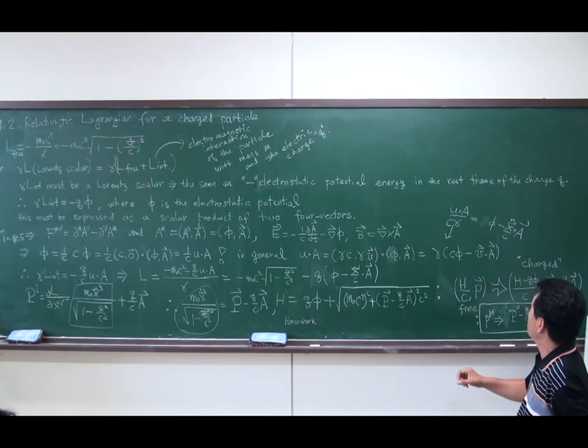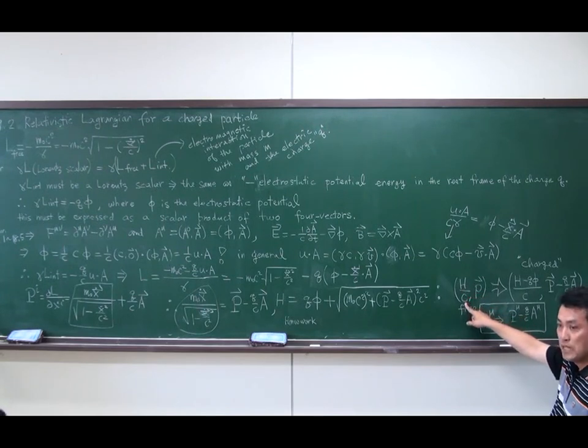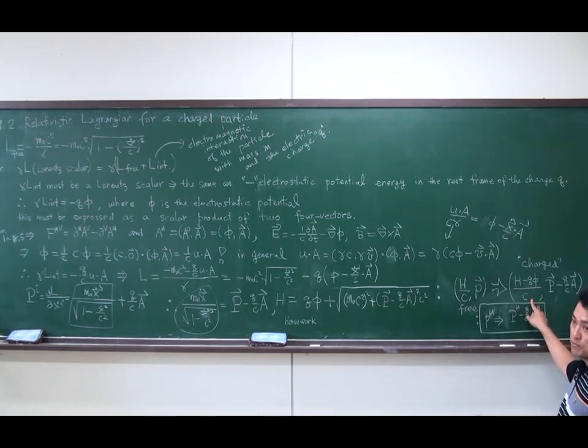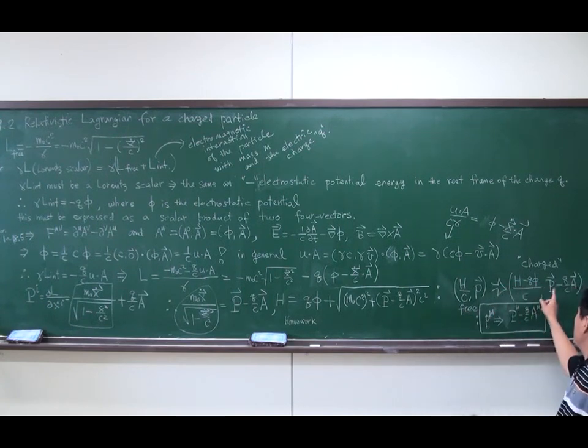Then what we find is that the 4 vector P mu has a zeroth component that is the Hamiltonian divided by the speed of light, and the spatial component is the normal momentum. That, for the free particle, is replaced by the Hamiltonian subtracted by q phi, divided by the speed of light, and the spatial component is the conjugate momentum subtracted by q over c times the vector potential.